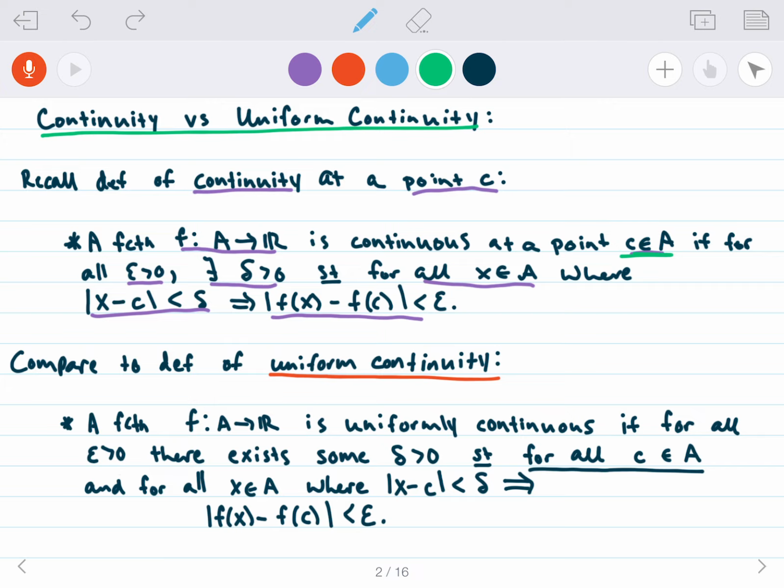Okay, so let's examine this definition and compare it to the definition of regular continuity.